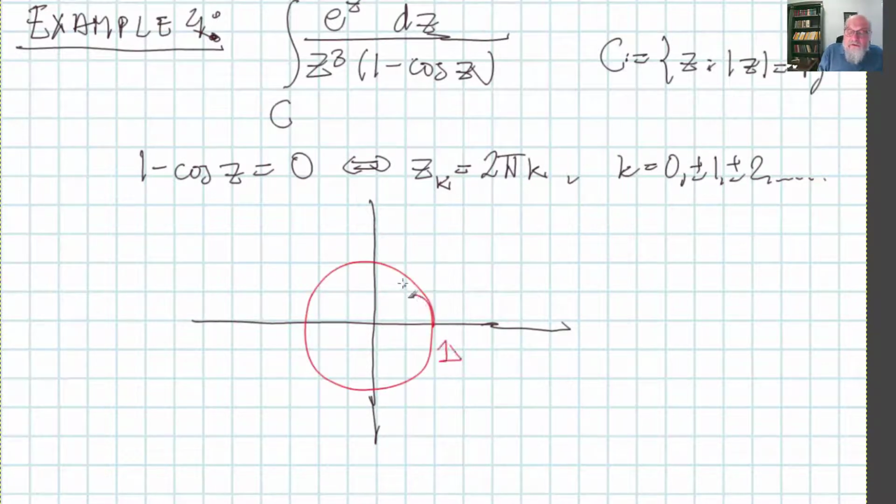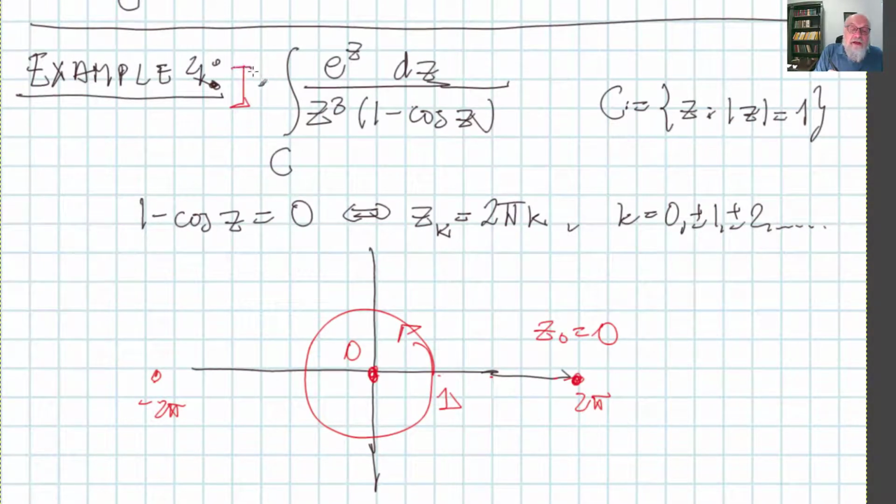This is the unit circle. 0 is here. The next singular point is somewhere here, 2 pi, and the other one is here, minus 2 pi. So these singular points do not participate in the computation of that integral. The only singularity that counts is our z0 equal to 0. This is the only singular point.